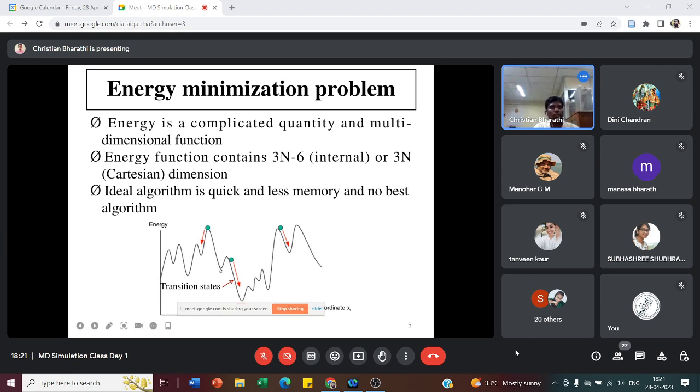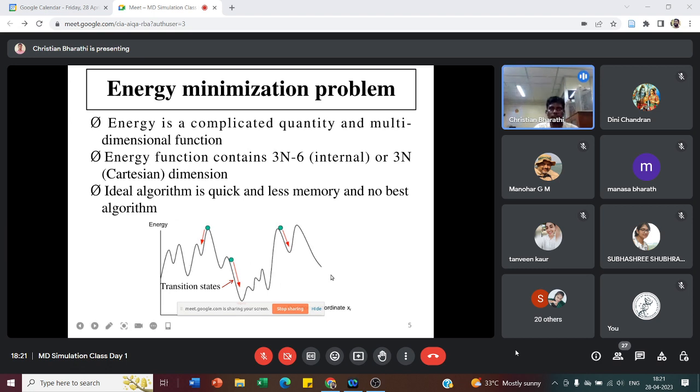And if you take the initial structure at this position and subject it to energy minimization, it may reach this position. Our aim is to bring the molecule to the global minimum energy.